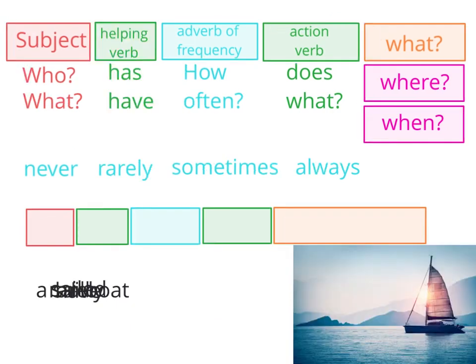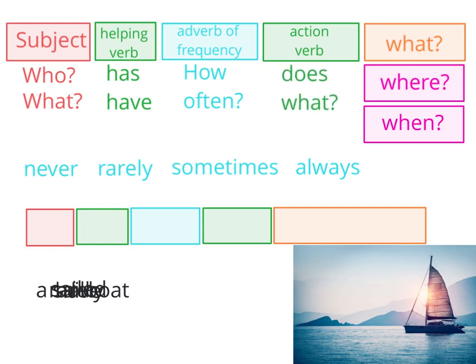Now we're going to look at a third kind of sentence. This is a kind of sentence that we have not looked at before, and we will be talking about it in a later lesson. Have you seen a sentence that has this word, has or have, in it, and after that word there's an action verb?